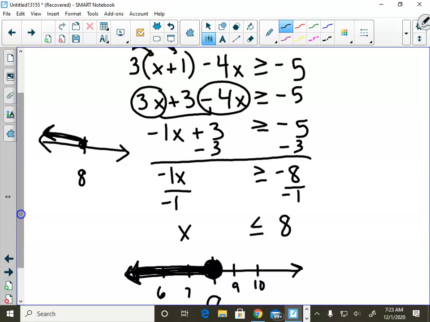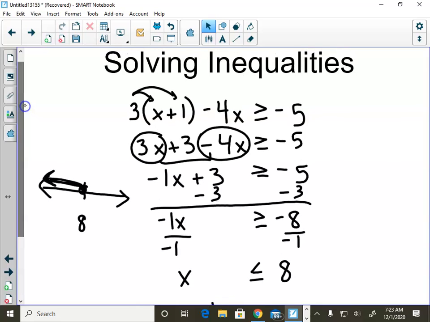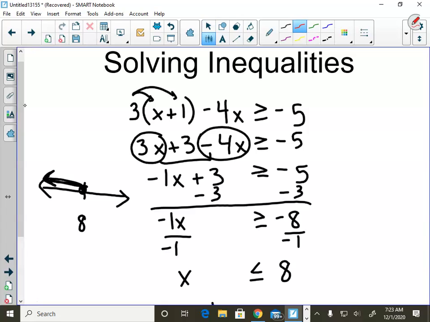I want you to look at the original equation. So if we go back and look at the original equation, and I pick a number that's less than 8, think about it. What number is easy to put in that's less than 8? Well, put in 0. If I put in 0 for x, I have 3 times 1, really, because 0 plus 1 is 1.